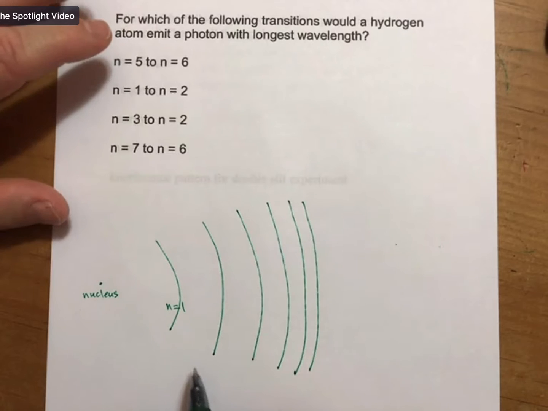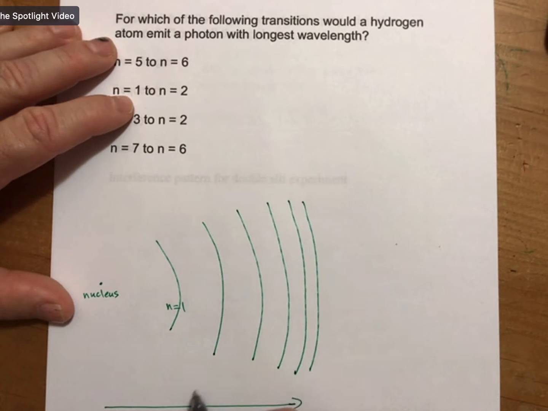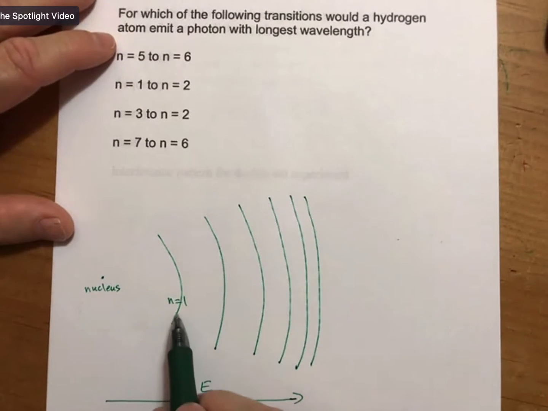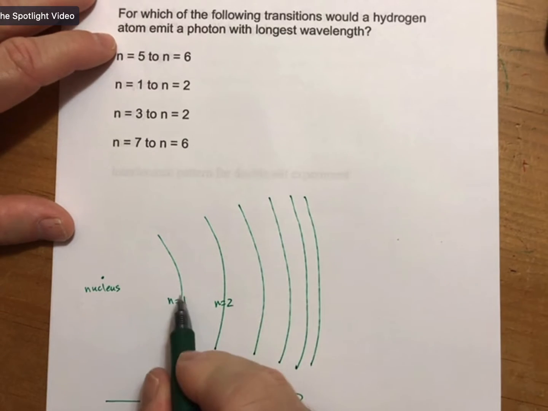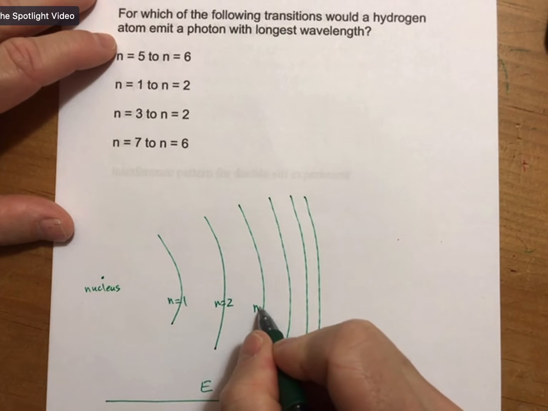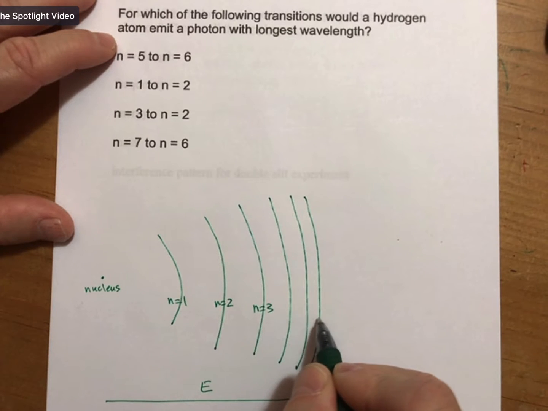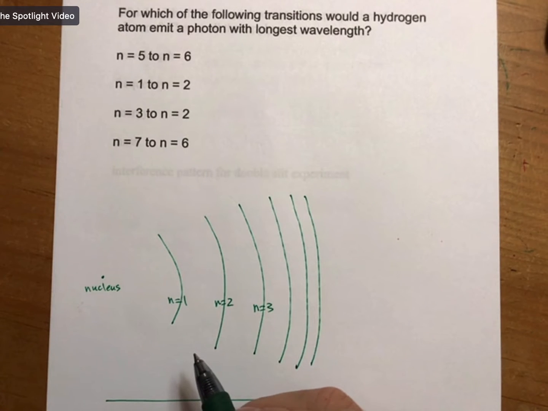And what I've tried to do here on its side is draw how the energy goes. So the energy difference between 1 and 2 is larger than the energy difference between 2 and 3.